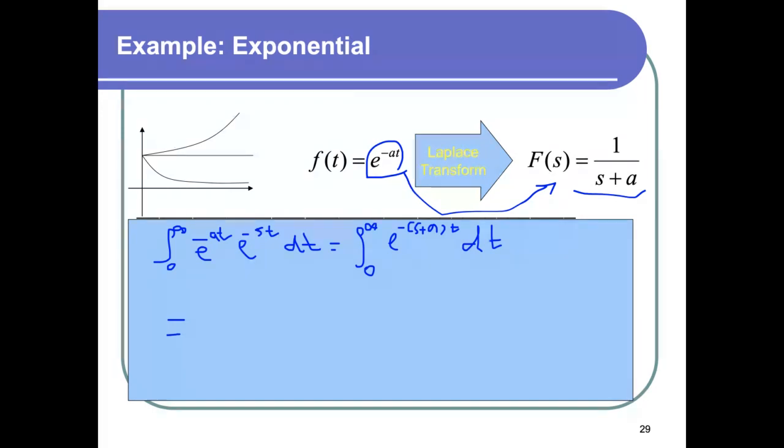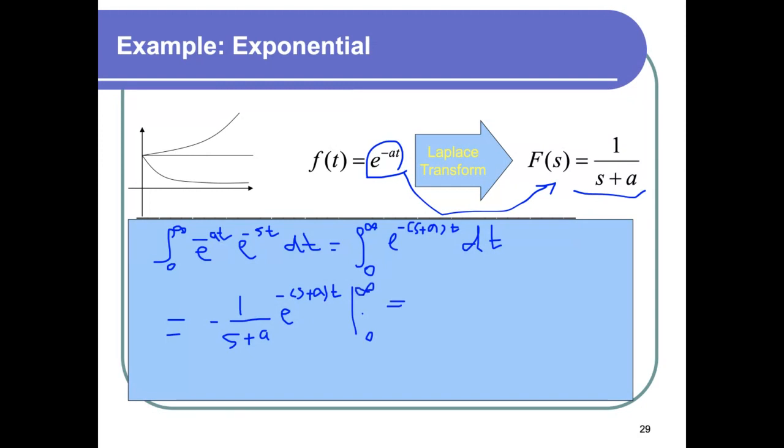Tell me. It is minus 1 over s plus a, right? e to the power of minus (s plus a) t, and this is from 0 to infinity.